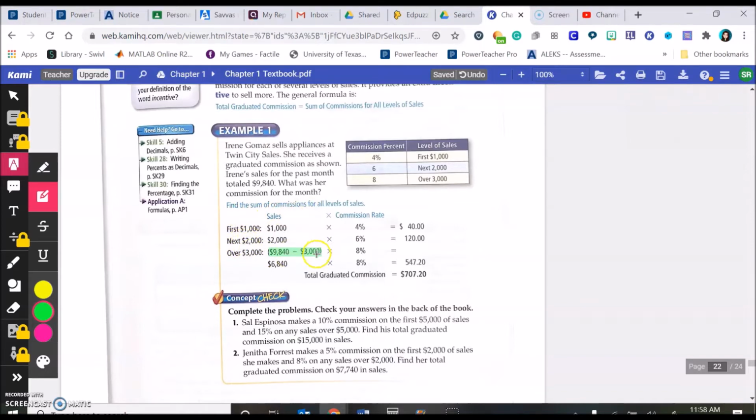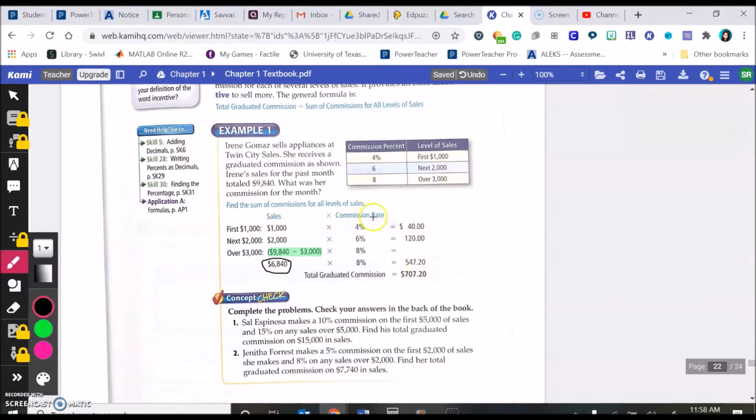That's why it's minus $3,000. So that was a total of $6,840 over $3,000, times the 8%, which equals $547.20, and then they added all those together.